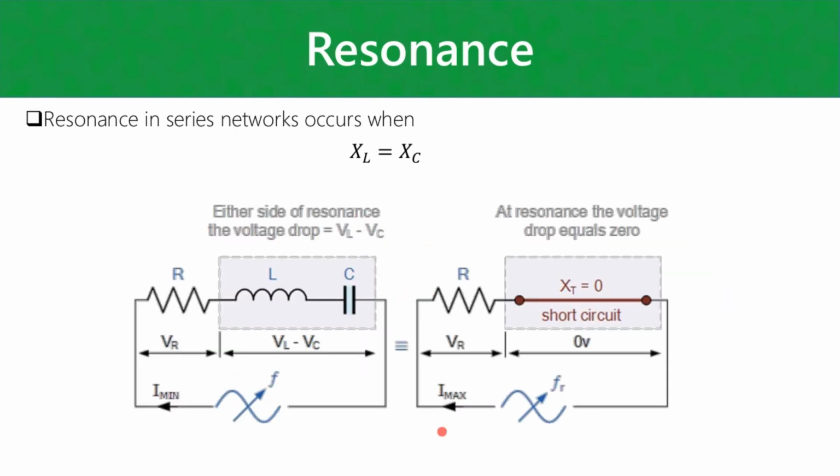Before I do so, let's quickly go through resonance as well. For resonance, if we take a look at a series RLC circuit, but this is also true for a parallel circuit as well, your circuit will go into resonance when your inductive reactance and capacitive reactance are equal to one another.